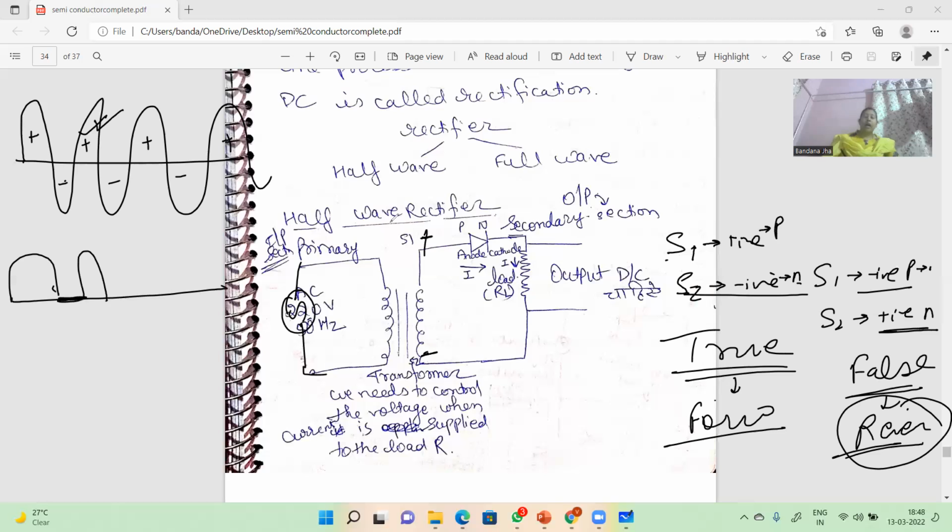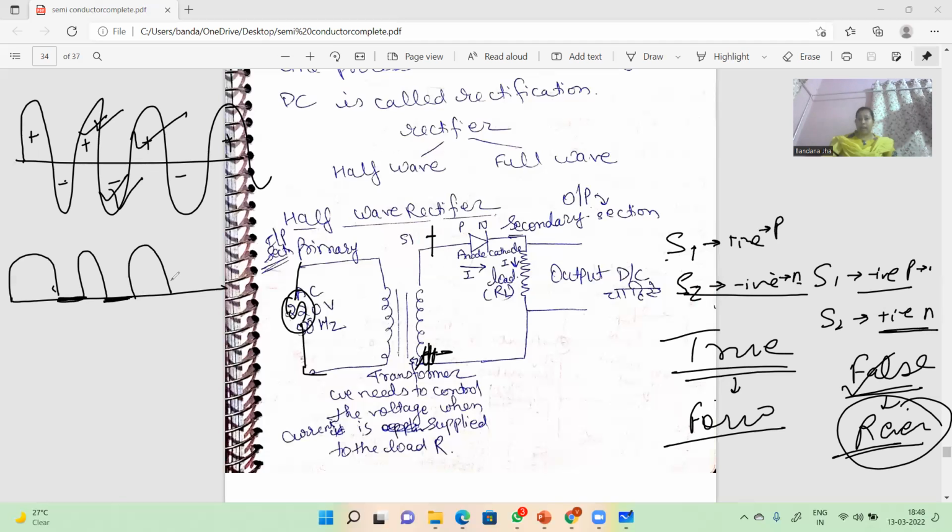Again, when we are talking about negative, S1 will become negative, S2 will become positive. It means false connection, and in false connection, no current. Again, S1 will be positive and S2 will be negative. It means current will flow.